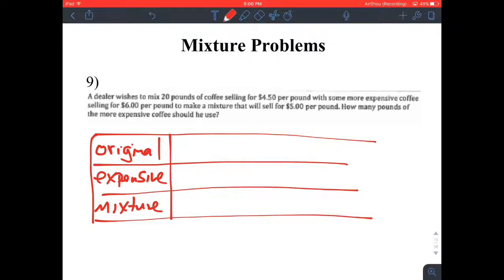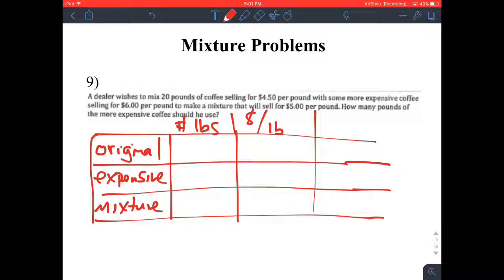We got the number of pounds, and then we have what they're charging per pound, so dollars per pound. And then we have the total cost. Seems logical, right? If you have a certain number of pounds and the dollars per pound, you want to know what your total cost is going to be.